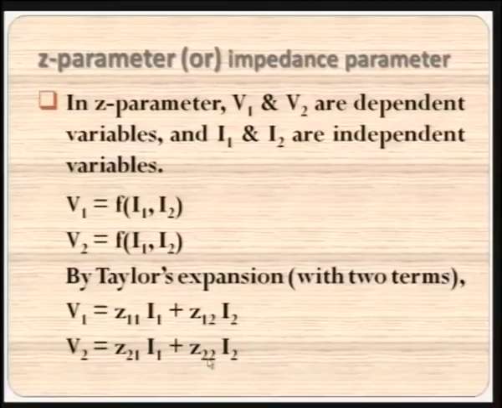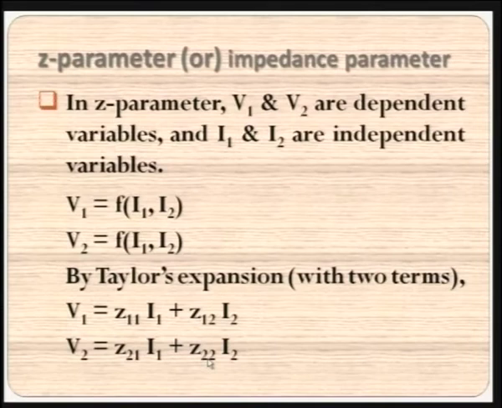When we have a look at this equation, it reminds us of simultaneous equations. These equations could very well be represented in the matrix form also. I have shown you one equation. That equation has the 4 Z parameters.